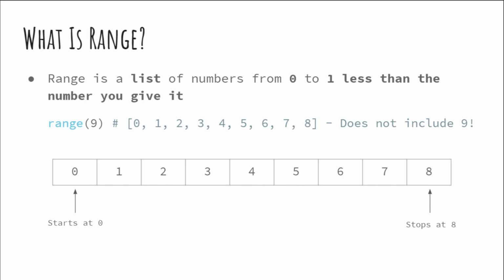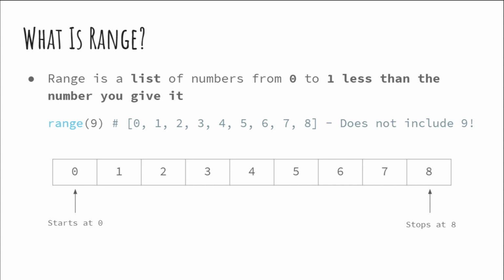So if you recall last time, we had the for loop, which goes over each element in a list. But sometimes we don't really want to deal with an entire list. We want to deal with a bunch of sequential numbers. And for that, we have range. Range gives us a list of numbers that starts at 0 and goes up by 1 to 1 less than the number you give it.